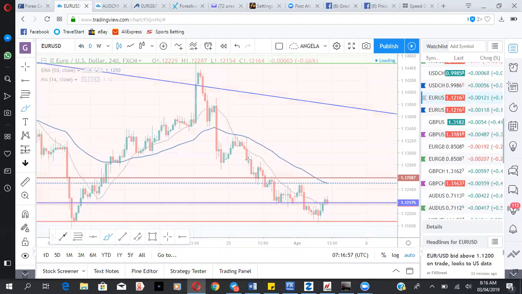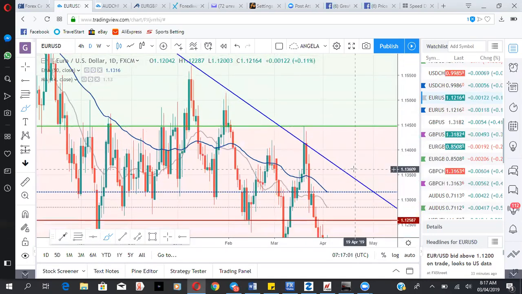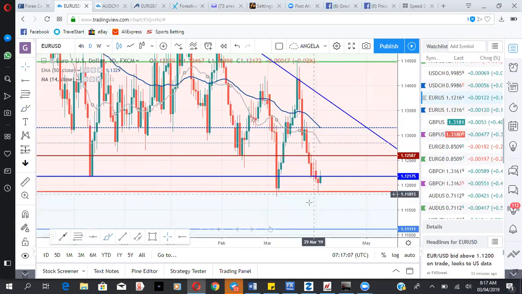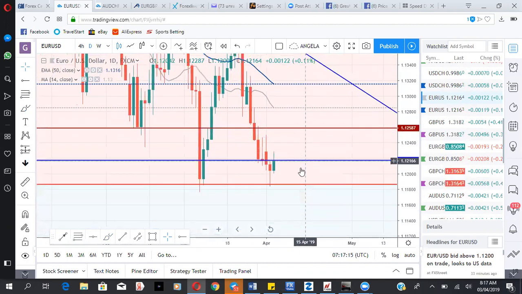Looking at the Euro USD from a daily point of view, we can see price bounced off this low level here. It created almost a pin bar, kind of pin bar doji, with a long lower wick.